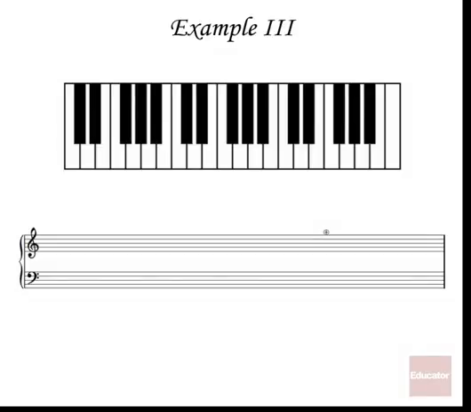Okay, for example 3, let's look at some notes in the bass clef. And let's continue using our memory aid, which is F, A, C, E. So, and let's just blacken in some random notes.